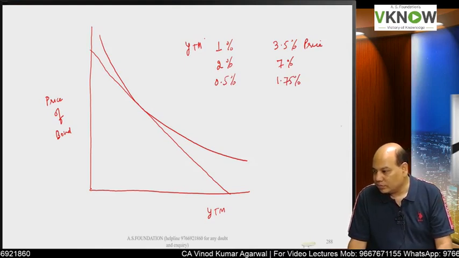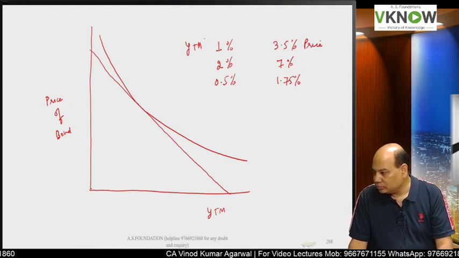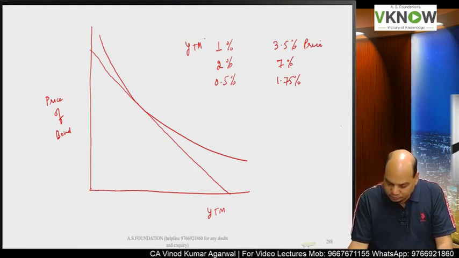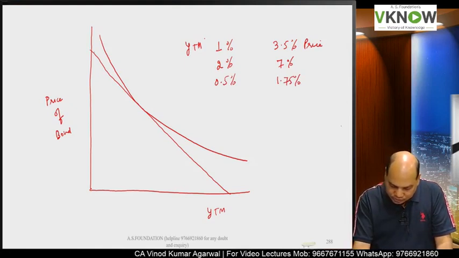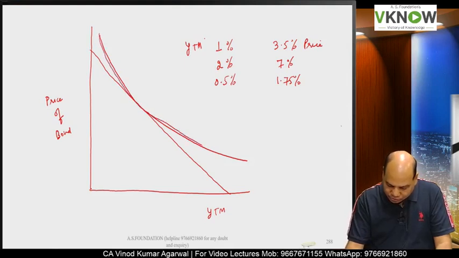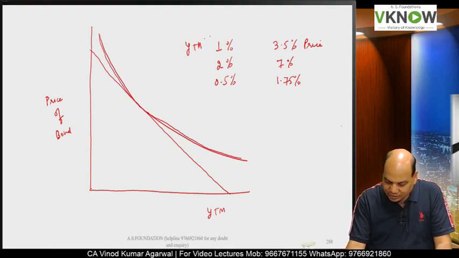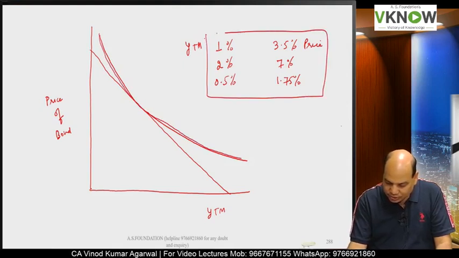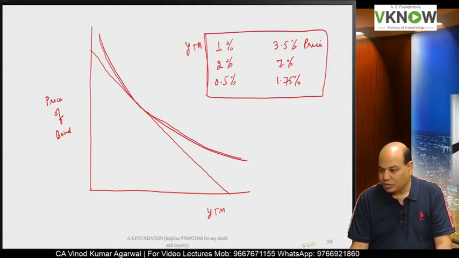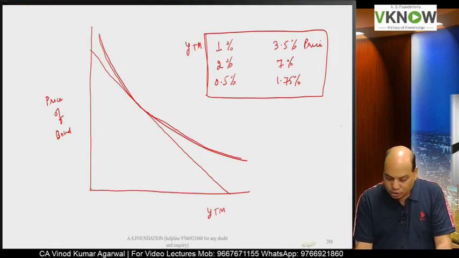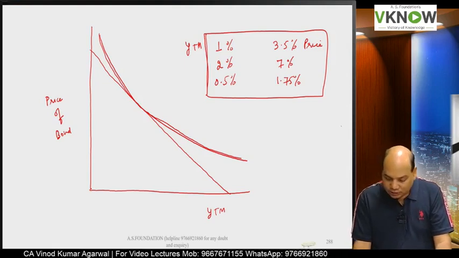Is it right? It will not happen. Why will it not happen? Because this relationship is a curve. So the change will not always be linear. This is a linear relationship, but the actual change will be curvilinear.